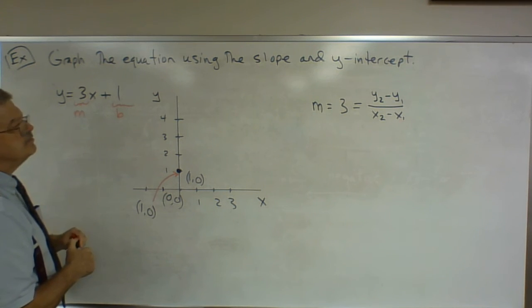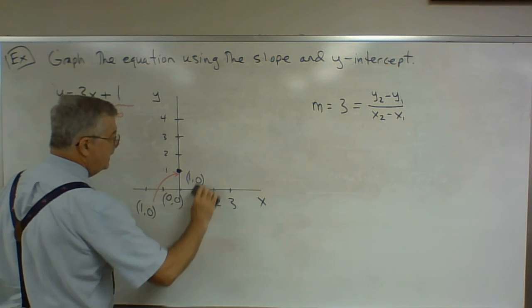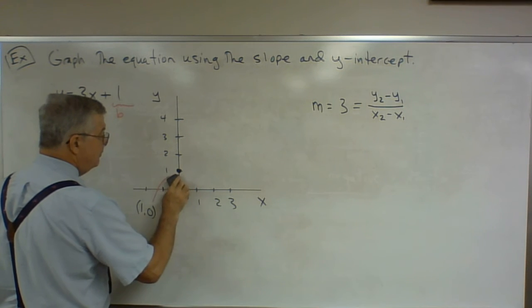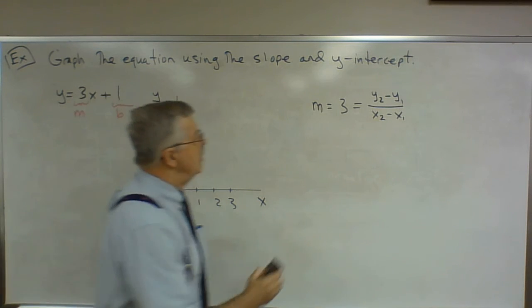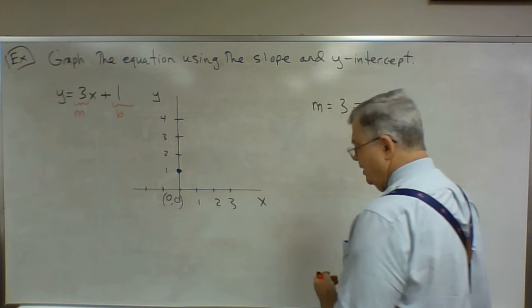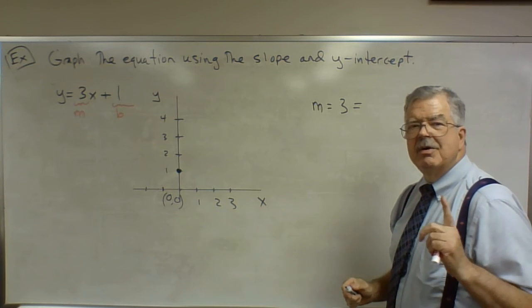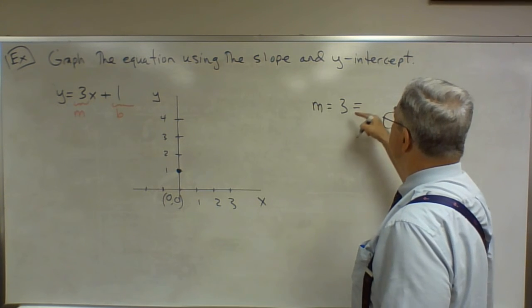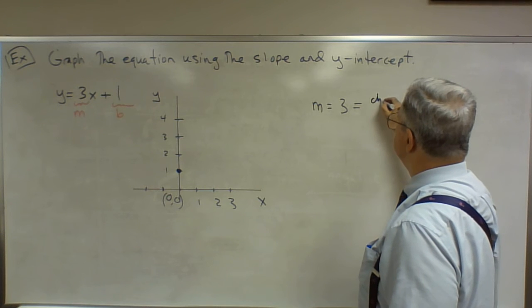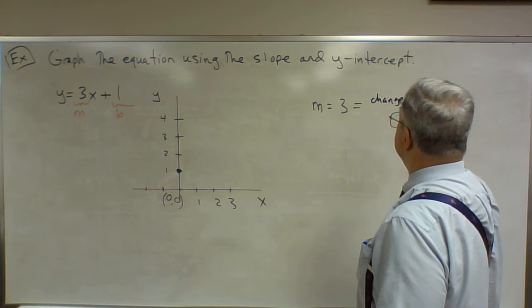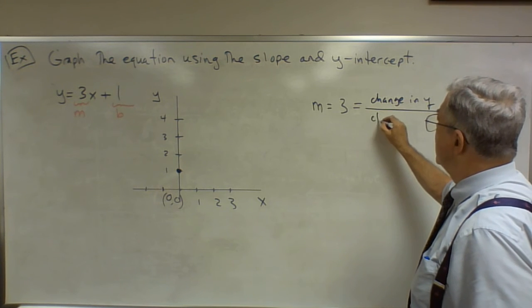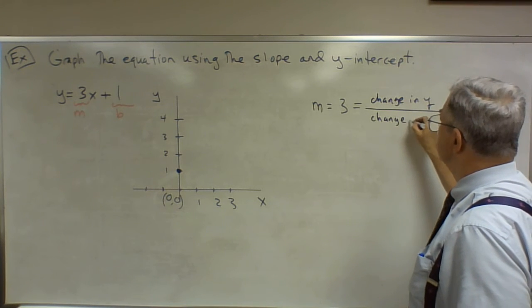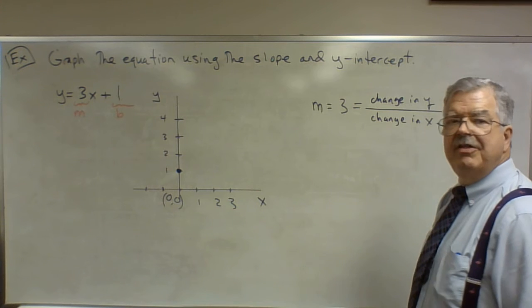You know what? I don't like the way I'm doing this. There's nothing wrong with it, but I think I can do it better. This is the slope. And the slope is the change in the y coordinate over the change in the x coordinate.